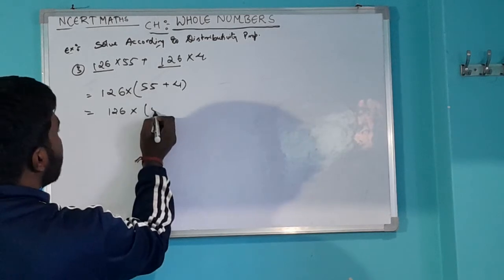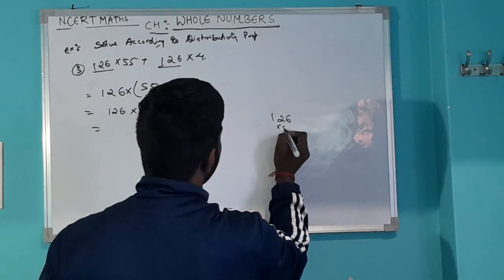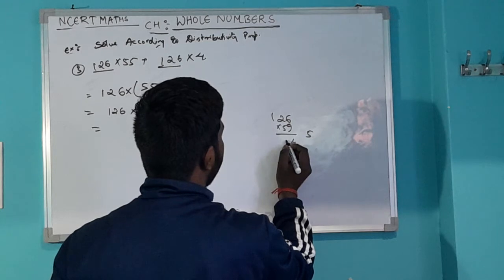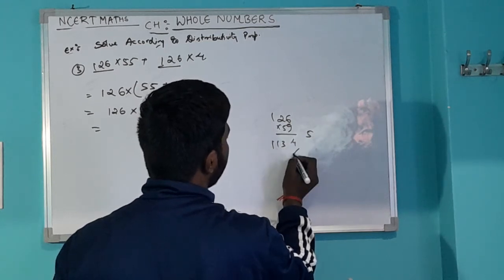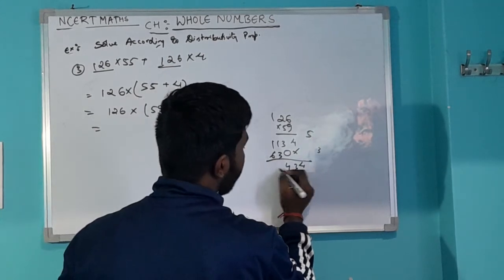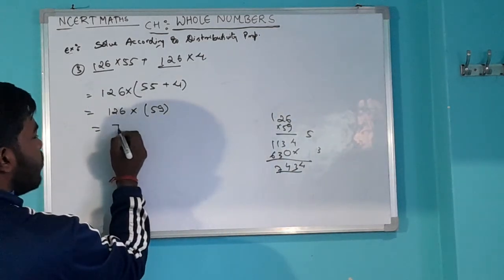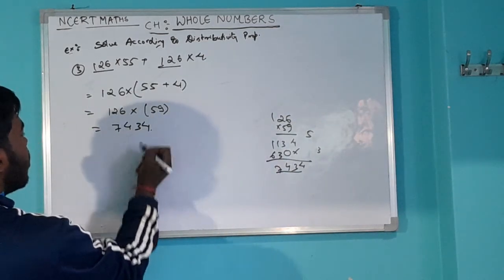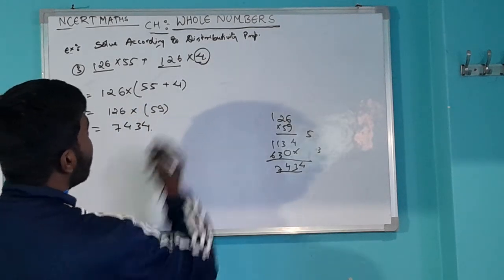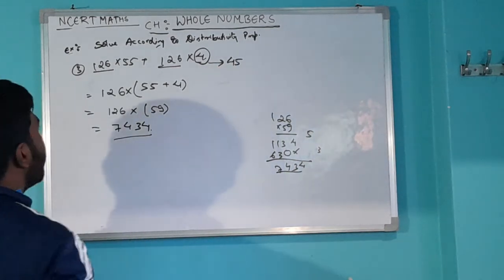We simply add these numbers and multiply it with our required number, through which we get our answer, 7,434. Be careful, I changed this number from your NCERT book. There it is given as 45, but I took it as 4. So our answer is different also.